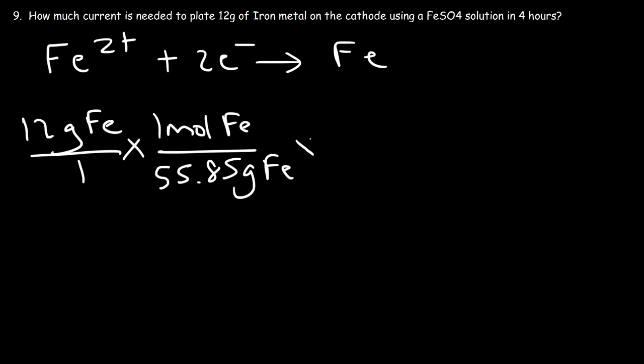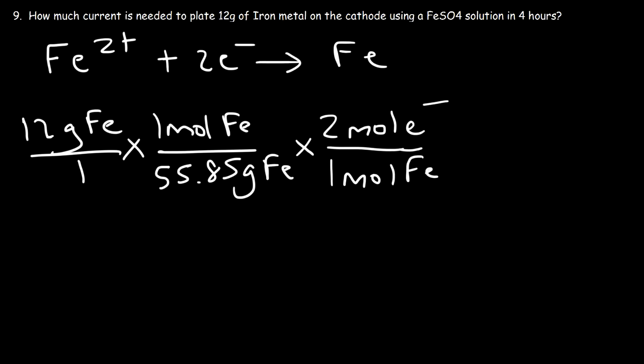Now, once we have the moles of the substance, we can convert it to the moles of the electrons. So for every 1 mole of Fe that's plated on the cathode, 2 moles of electrons was used in the wires of the galvanic cell or the electrolytic cell. So we could cancel out grams of Fe at this point and moles of Fe.